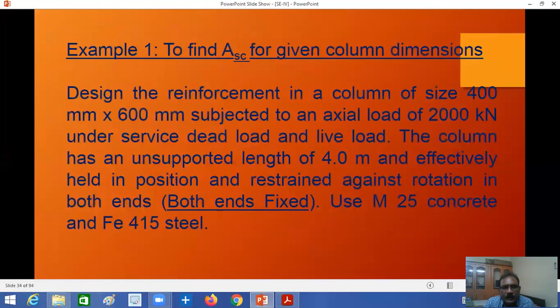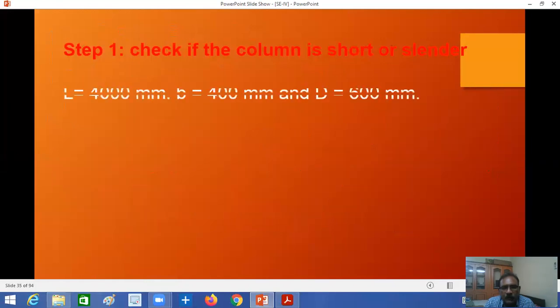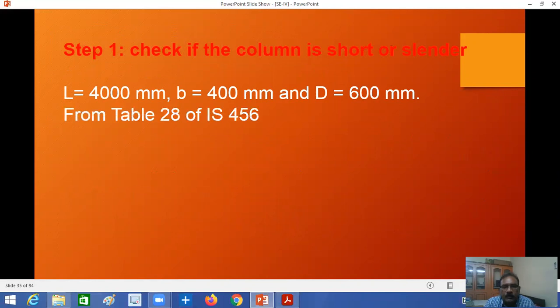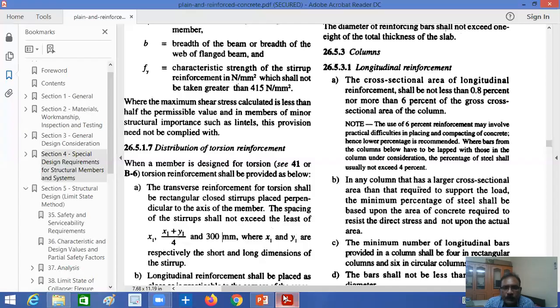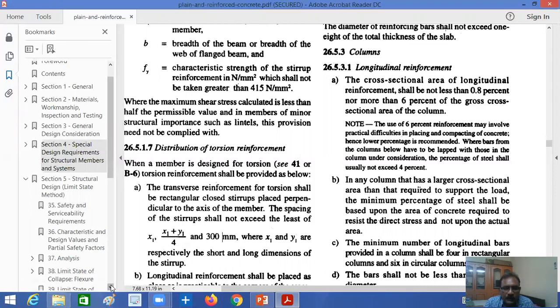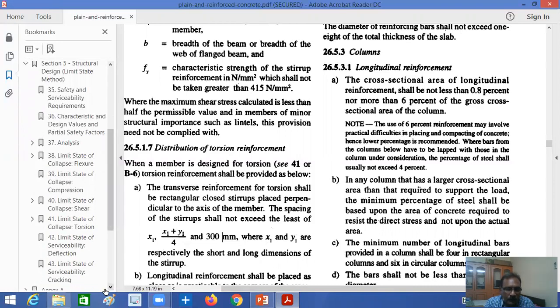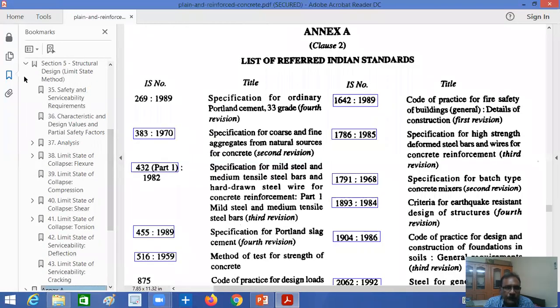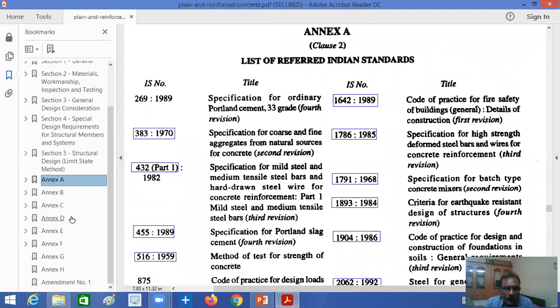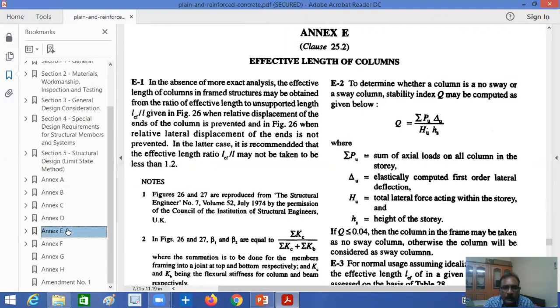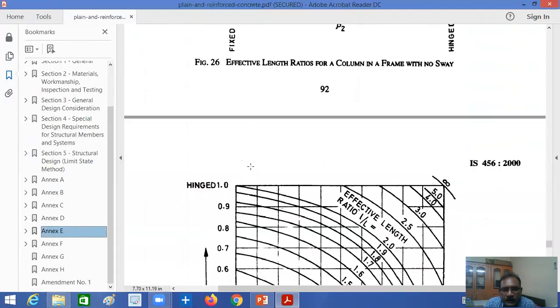As explained in the first problem, L is equal to 4000 mm and B is equal to 400 mm. Here D is equal to 600 mm, and from Table 28 of IS 456, Annexure E of columns, you will get the effective length.